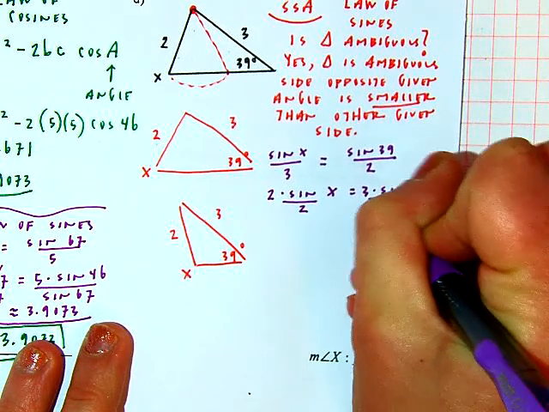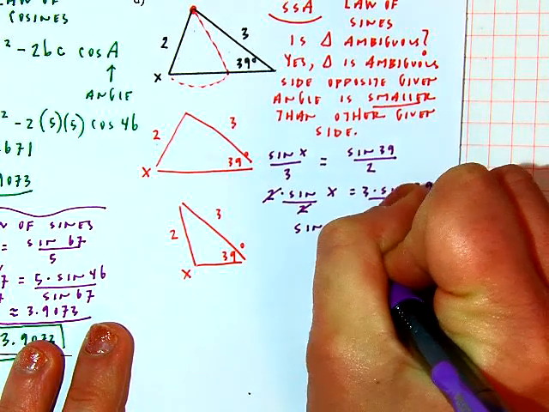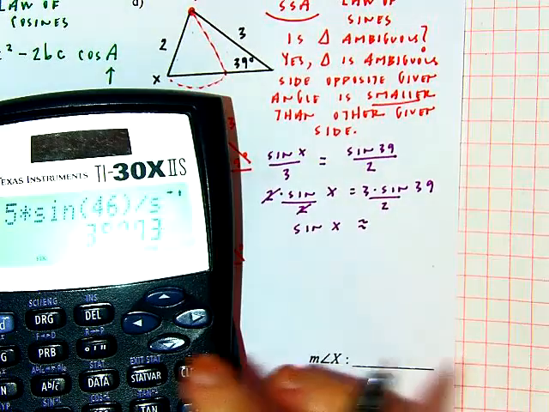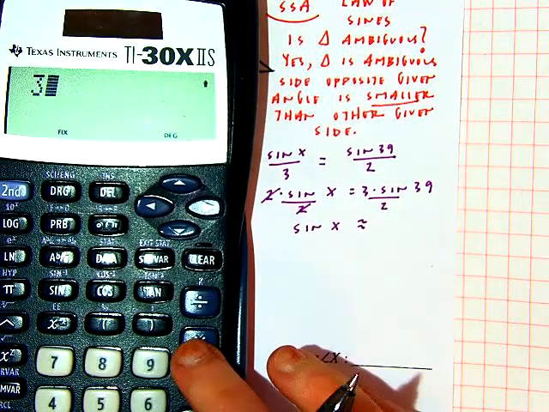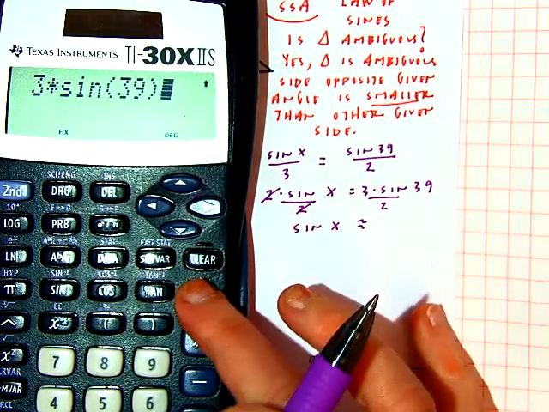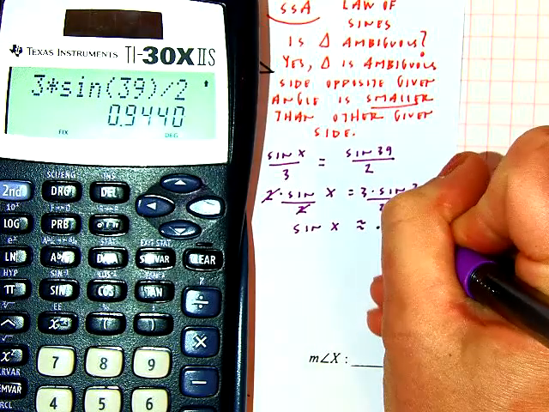And then divide each side by 2. So sine x will be about. All right, let's plug that in. So I'm looking at 3 times sine 39, closing my parentheses and dividing by 2. So I get a ratio of about 0.944.